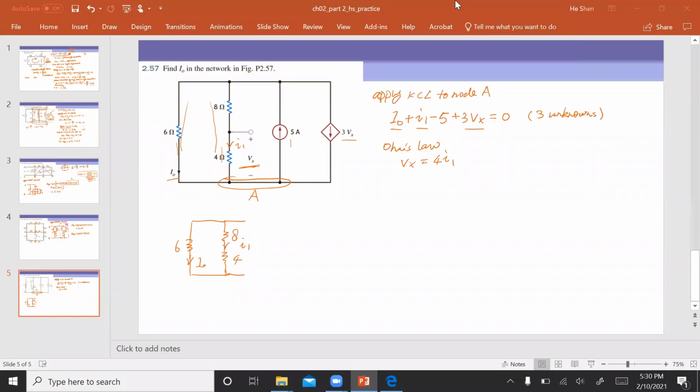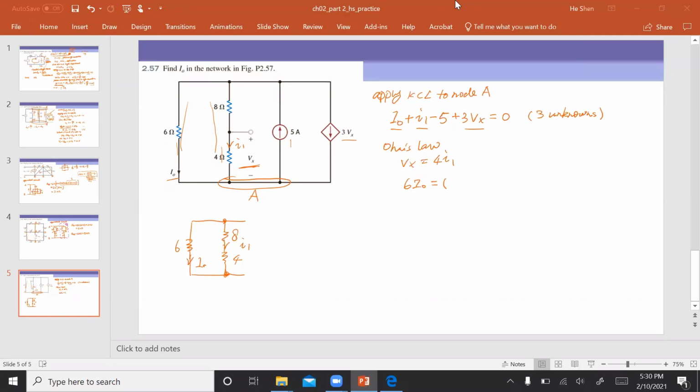So we know the voltage between these 2 nodes should be the same. If we calculate using the left branch, that'll be 6 times I0. And if we calculate the voltage on the second branch, that'll be 8 plus 4 times I1, right?